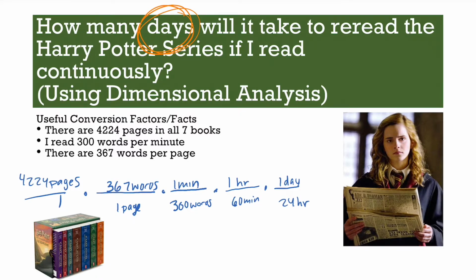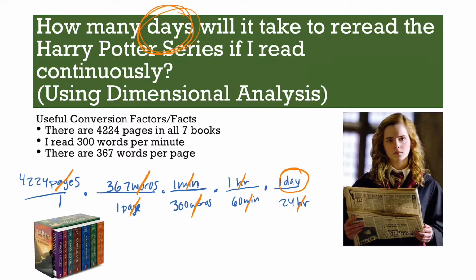So if I set this up correctly, all the units should cancel out except for the word day. Pages cancel out because if you have one on top and one on bottom, they cancel out. Words cancel out. Minutes cancel out. Hours cancel out. And I'm left with the only unit, day. So now I know I set up my conversion factors correctly.